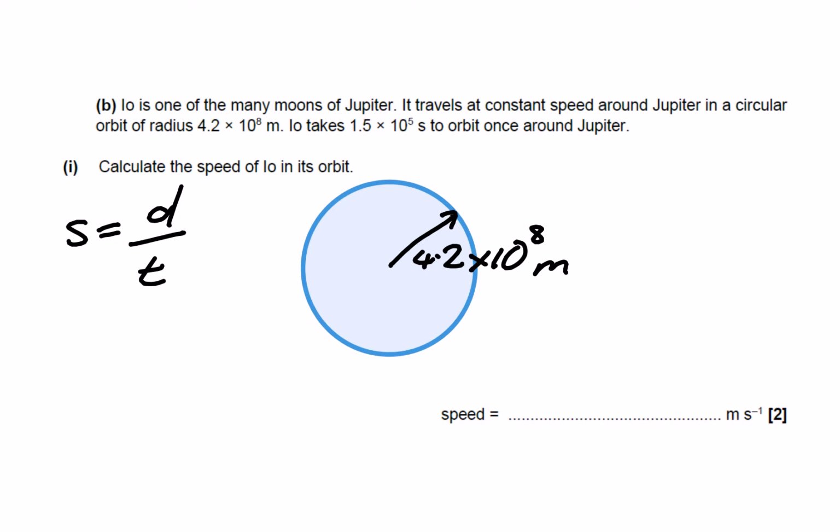We need to know, if I was starting there, what is the total distance it travels in one orbit. So that's the circumference of the circle.